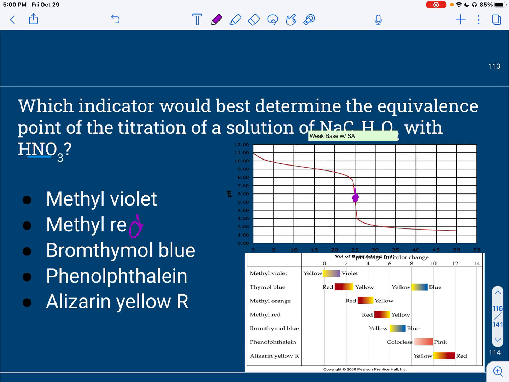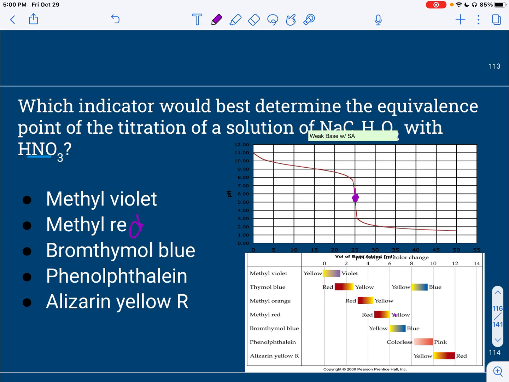So we would want to pick methyl red or bromothymol blue. Okay, it's going to be below 7.